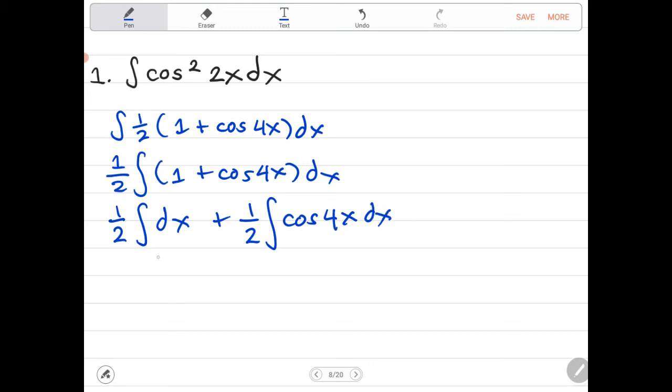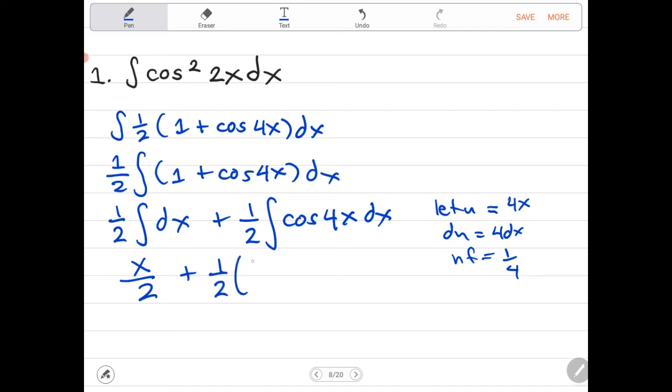Okay? So this is integrable. The first term, that is x over 2. Okay? So for the second term, let u is equal to 4x, du is 4 dx. Neutralizing factor is 1/4. So we have plus 1/2 times 1/4, the neutralizing factor, the integral of cosine u du.